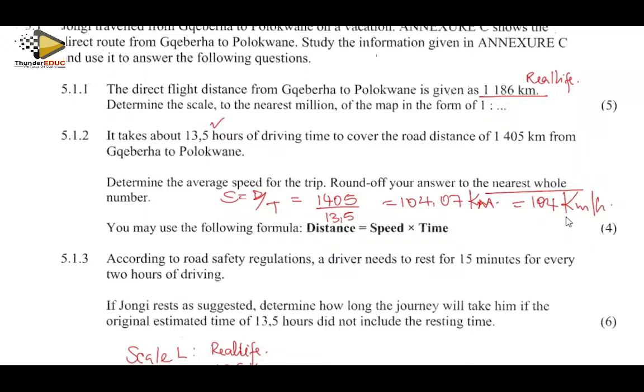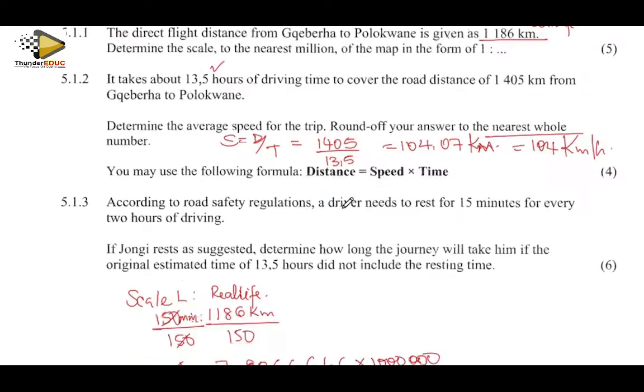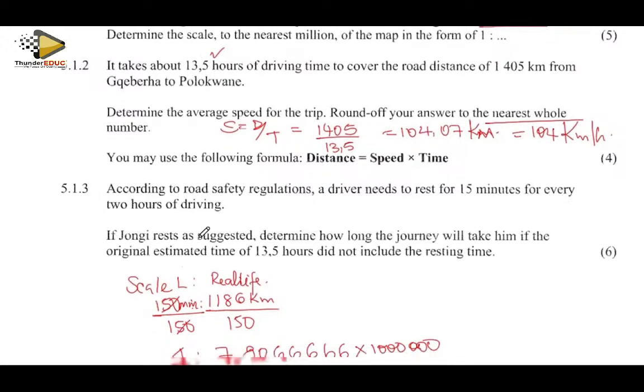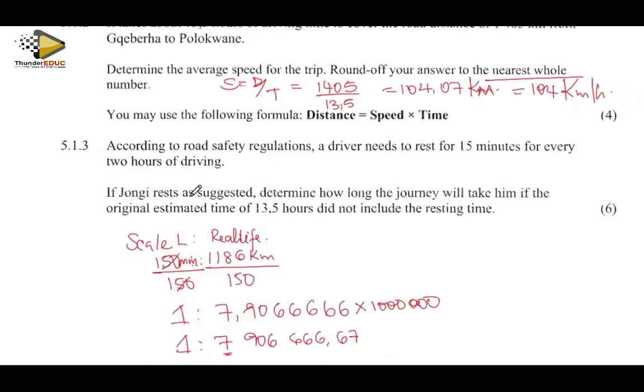According to the road safety regulations, the driver needs to rest 15 minutes for every 2 hours of driving. John rests as suggested. Determine how long the journey will take him if the original estimated time is 13 hours and a half.